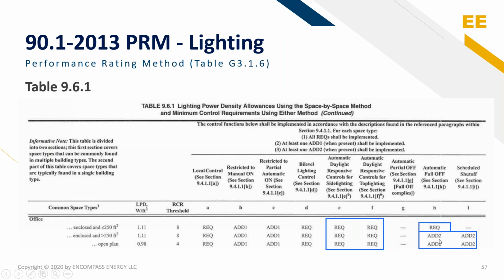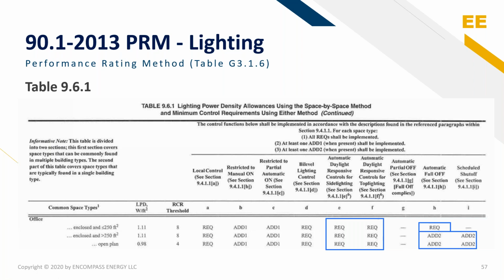And then you also have to have either automatic full off or a scheduled off. So scheduled shut off could be a time clock, which is how most people will deal with an open office approach. So there is credit to be taken if you include occupancy sensors, for instance, in an open plan office. For smaller offices, you have to have an occupancy sensor. Automatic full off is technically a vacancy sensor.